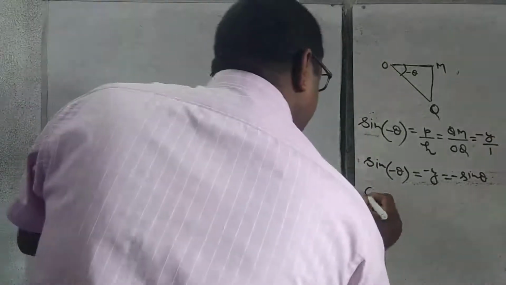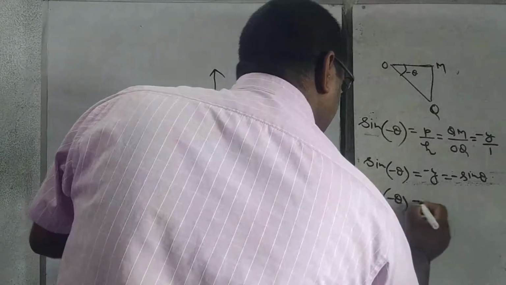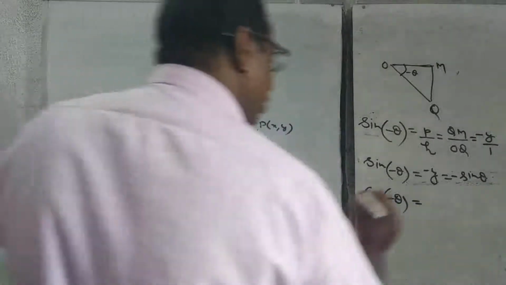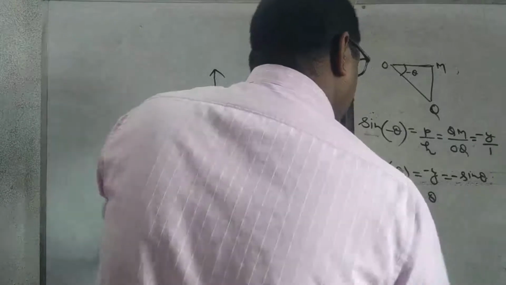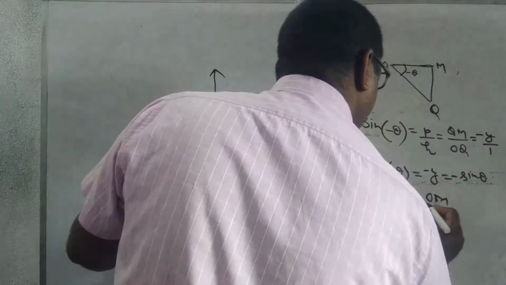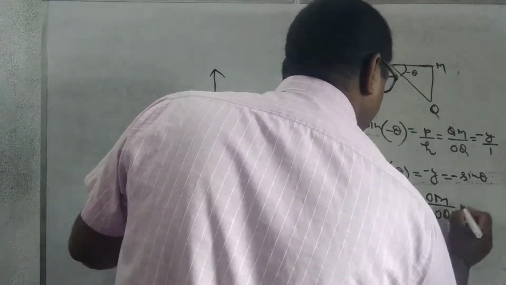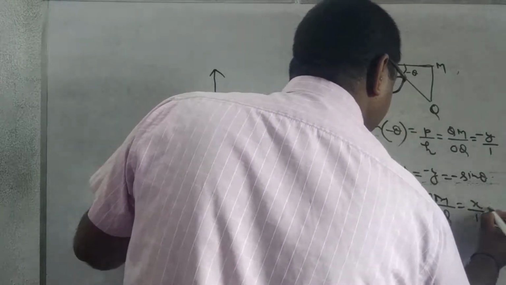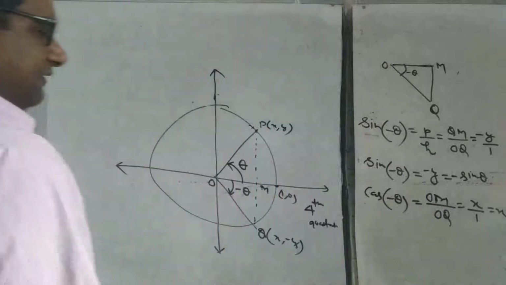What about cos minus theta? Cos minus theta is equal to OM upon OQ. OM is x, OQ is 1, so this is equal to x.